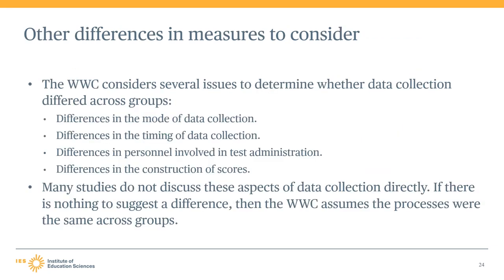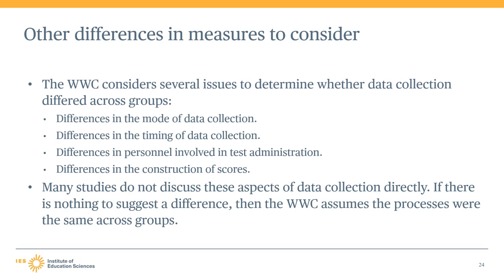The WWC considers several types of issues when deciding if the data collection differed between groups. The first issue is differences in mode of data collection, as in the example where the researchers used survey data in one condition but administrative data in the other. Another issue is differences in the timing of data collection.